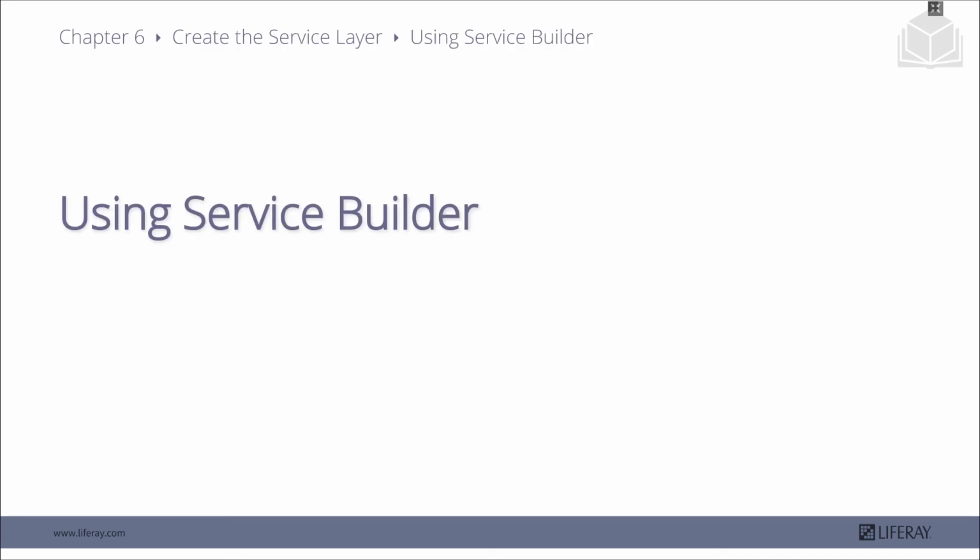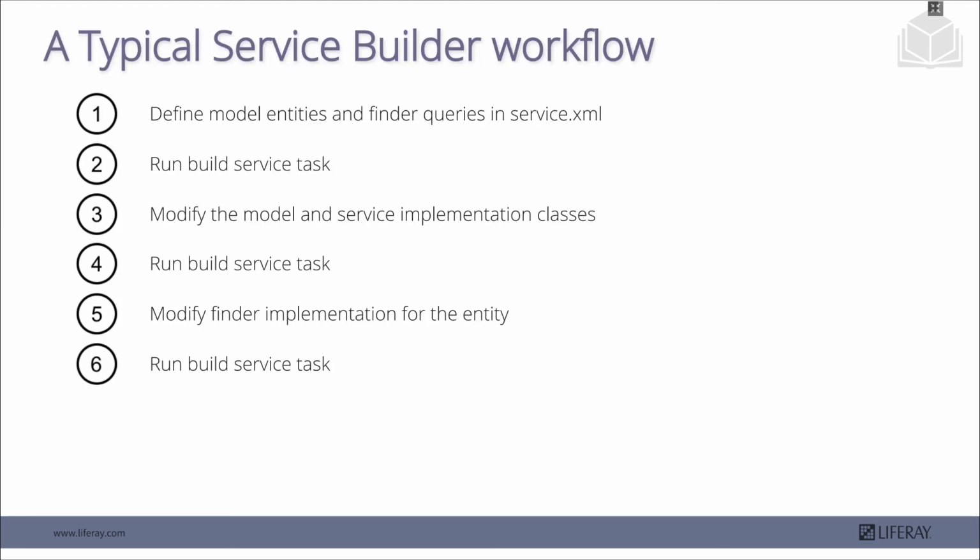Now, using Service Builder. So when we are doing this on our own, we can again follow the tasks that we kind of outlined. This is a little bit more thorough. So we create that Service Builder project. We define our entities, our Finder queries, and so on within service.xml. We run Service Builder.